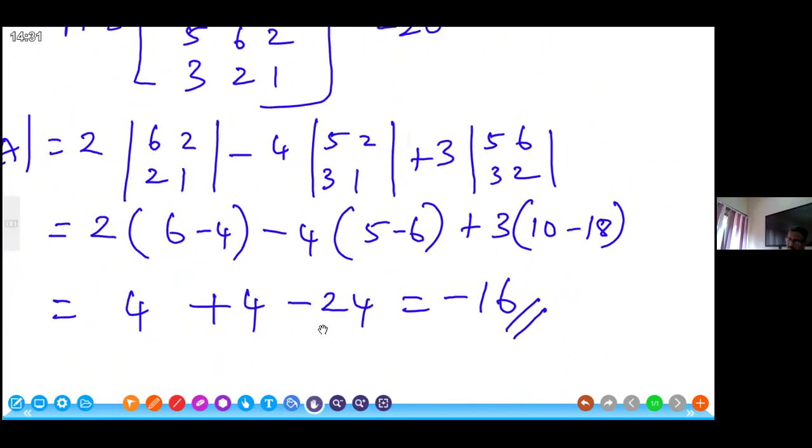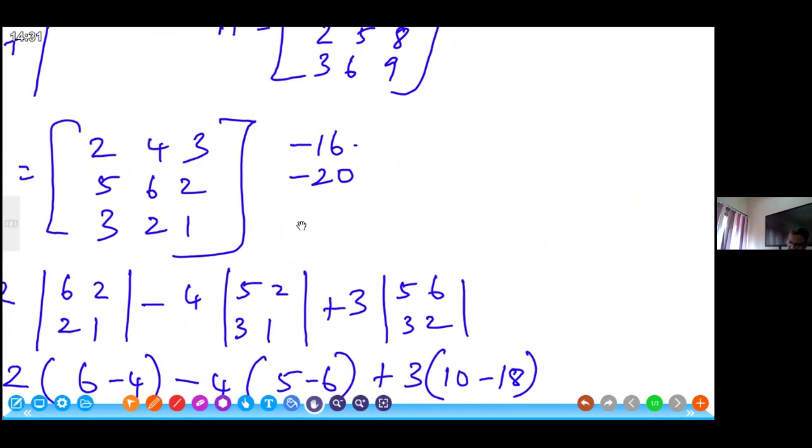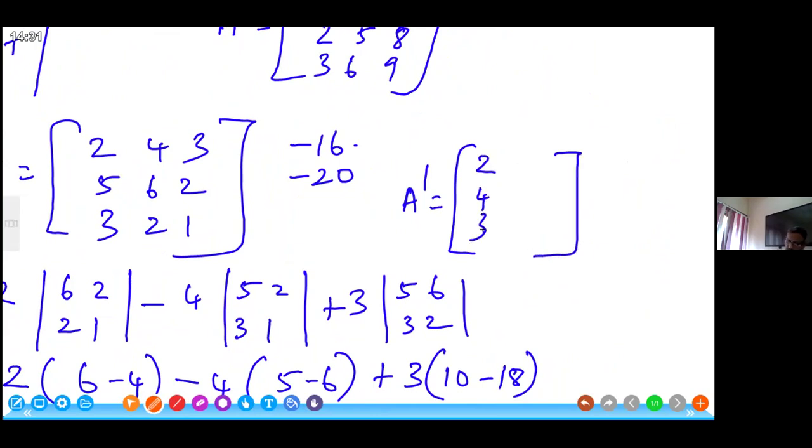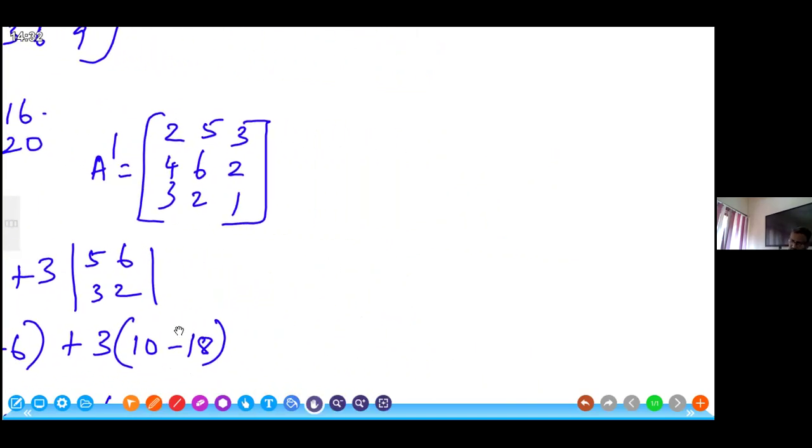Right, now get the transpose. What is the transpose? 2, 4, 3, 5, 6, 2, 3, 2, 1. Can you find out the determinant of the transpose?